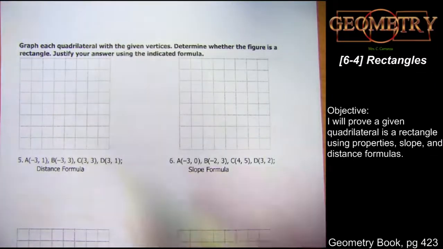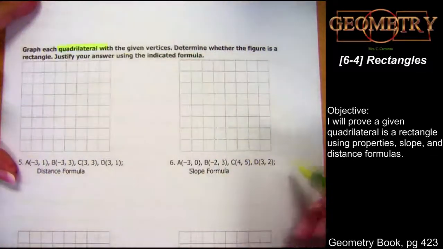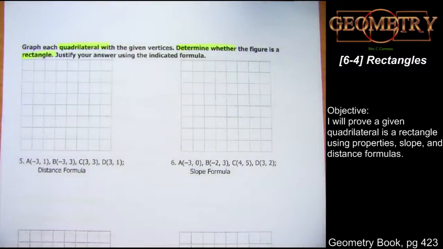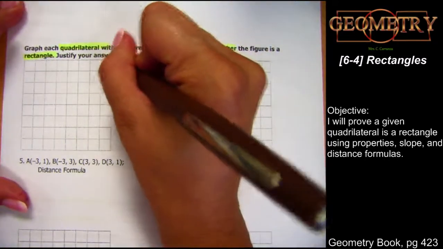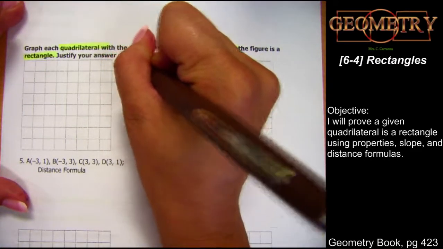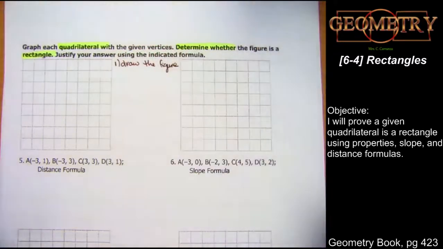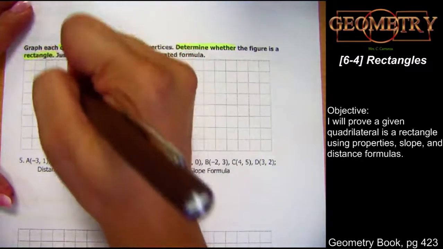If we've got a quadrilateral and we're being asked to determine if it's a rectangle, these are the steps you want to follow. The first step is to draw the figure. I'm actually going to draw the figure for you so that I can color the opposite sides, making it easier for you to match them up with your eyes.